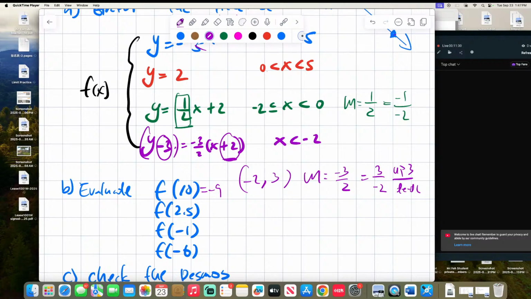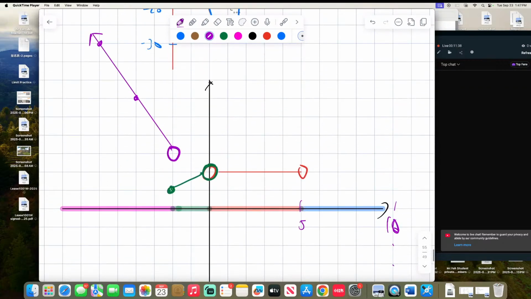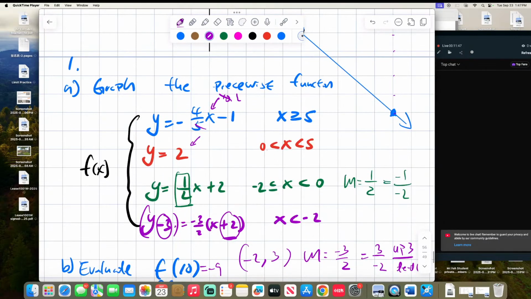But how do you put it in? There's no x, so your output is automatically always 2. You can tell that from the graph too. At 2.5 here, the output is 2. If you don't understand, because there's nothing to plug in, your output has to be 2. Does that make sense? Okay.